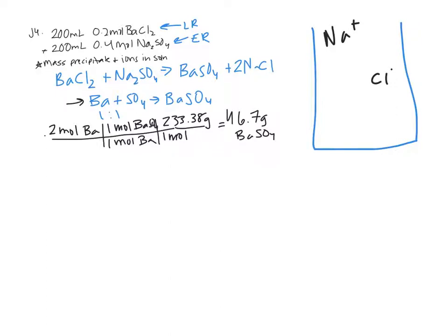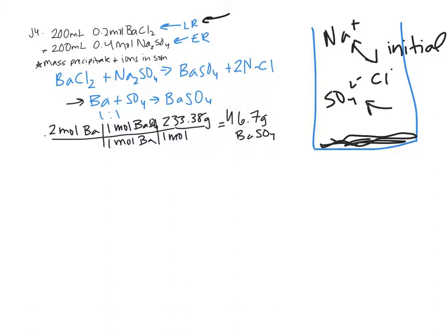Our barium and sulfate made barium sulfate at the bottom, so that's the precipitate. Because we used up all the barium, there's no more barium ions. That was our limiting reactant. Our excess reactant, the sulfate, SO4 2-, is also floating around. The Na and the Cl have not reacted, so they are still the initial amounts. But for SO4, we have to find out how much is left over after it reacts, because some of the sulfates are now in the precipitate.